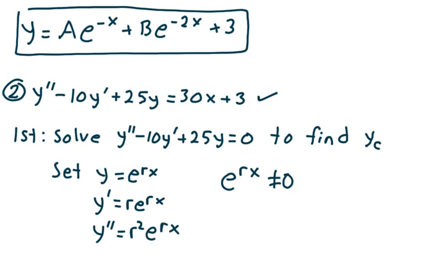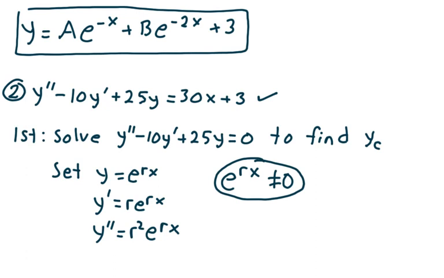Just like in the first example, I'm going to set y equal to e to the rx. y prime is r e to the rx, and y double prime is r squared e to the rx. And again, remember, e to the rx is never 0.